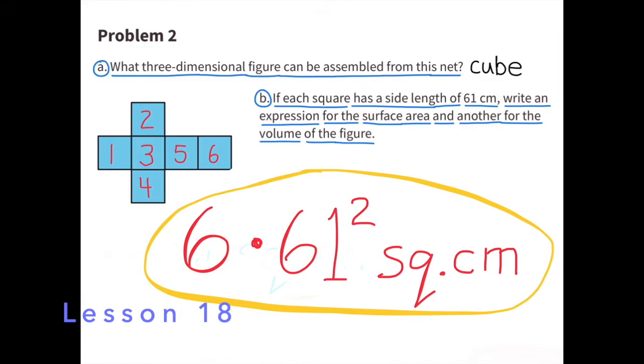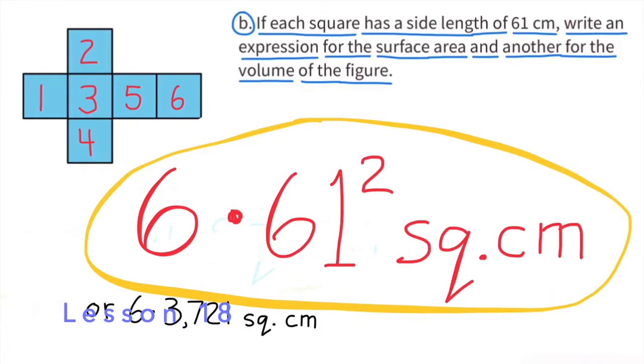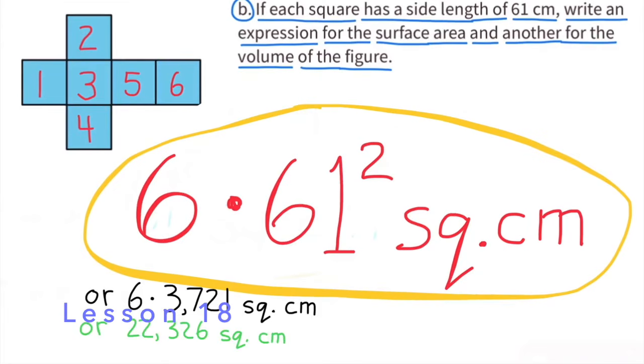Here's the expression that I chose to write that represents the surface area of the figure: 6 times 61 to the second power square centimeters. Another expression could be 6 times 3,721 square centimeters. And 6 times 3,721 square centimeters equals 22,326 square centimeters. All three of these expressions could represent the surface area of the net.